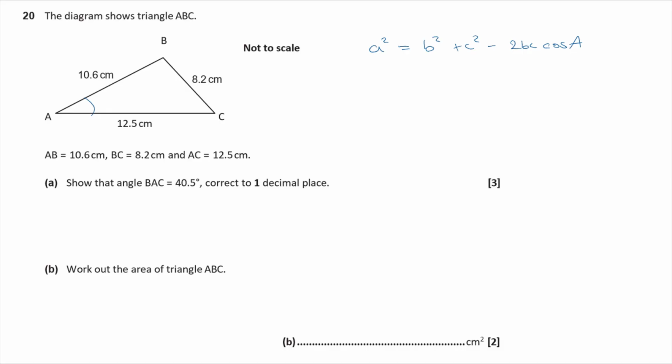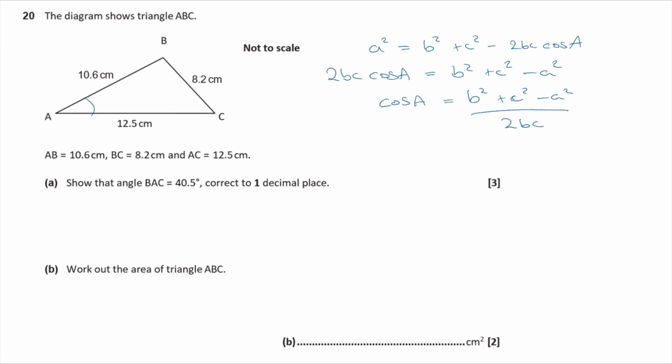So switching the 2bc cos A to the left and the a squared to the right, I'm going to get 2bc cos A is equal to b squared plus c squared minus a squared. You do need to practice this rearrangement because it comes up a lot. So cos A then is going to be b squared plus c squared minus a squared over 2bc.